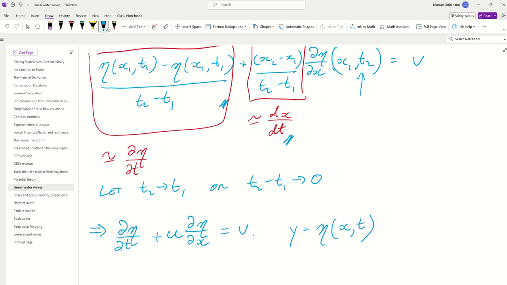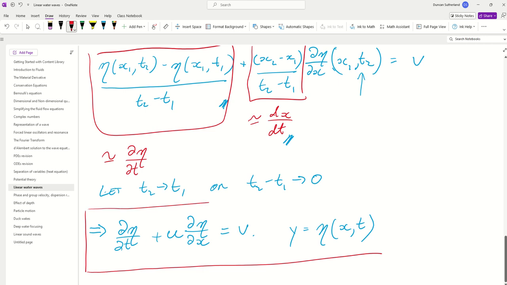We don't care how those u and v arise. So that's why this is called the kinematic condition. Kinematics is the study of motion where you don't care about forces. So it's called the kinematic condition, and it describes the free surface.